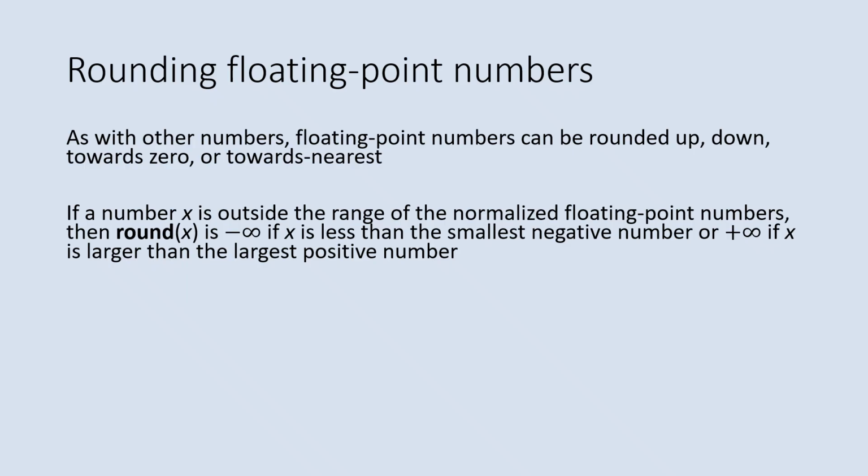So let's think of a function that we call round that will take the value that we're looking at and output the correct value if we have to round up or down, or how we're going to round. If we're outside the range, then round is going to round the value down to negative infinity if it's less than the smallest negative number, or round it up to positive infinity if it's larger than the largest positive number.